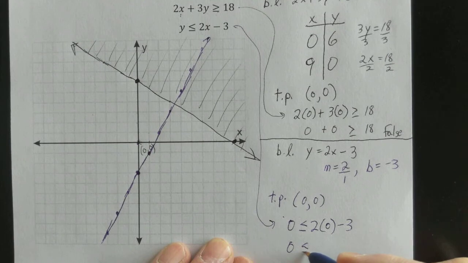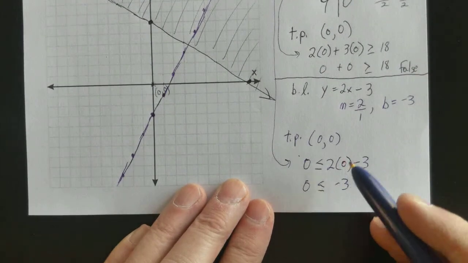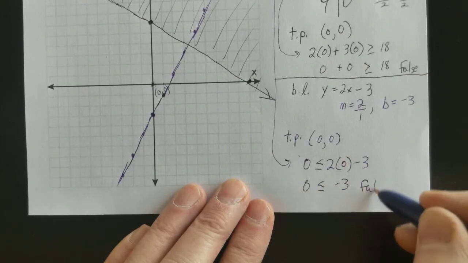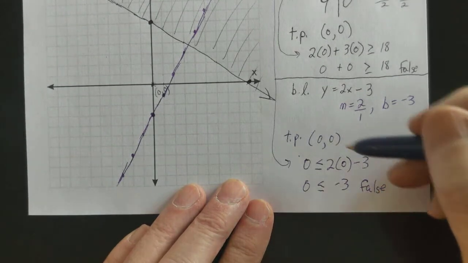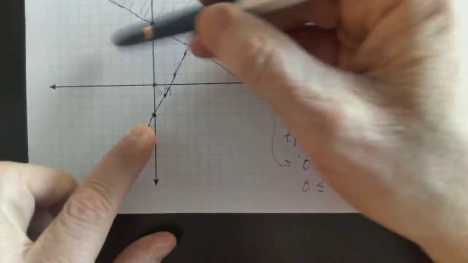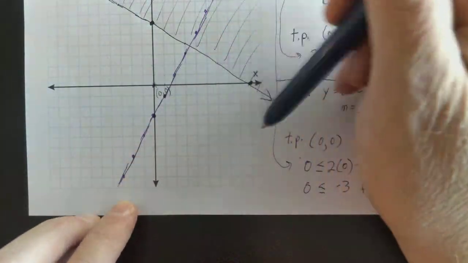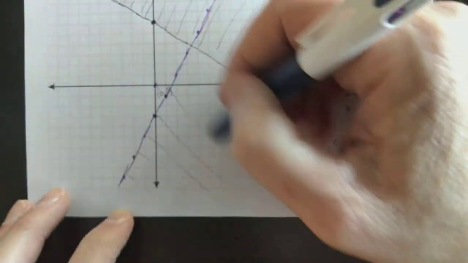Is 0 less than or equal to negative 3? True or false there? False. That is false. Okay, that's false. This side of the line is false. That means this side of the line is true. So I'm going to lightly shade this side of the line.